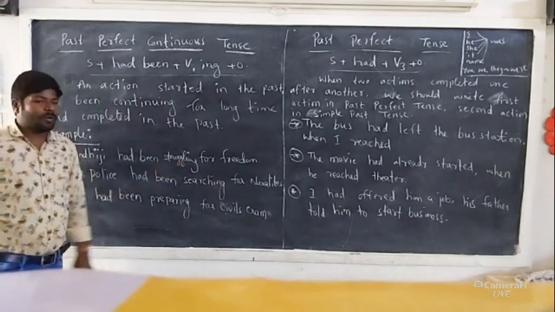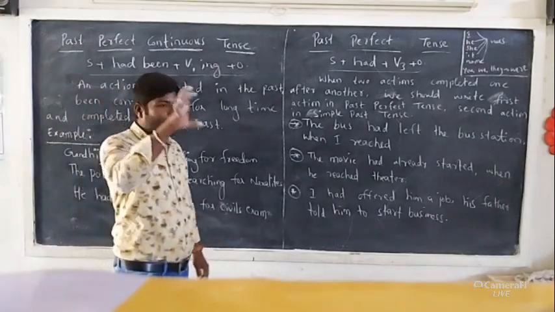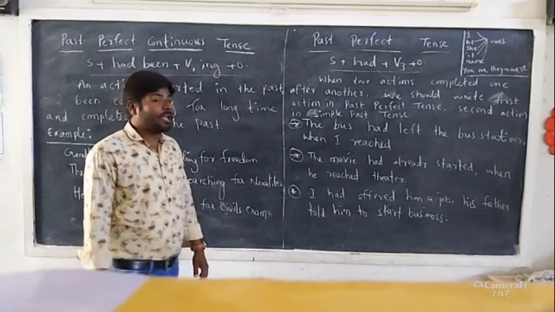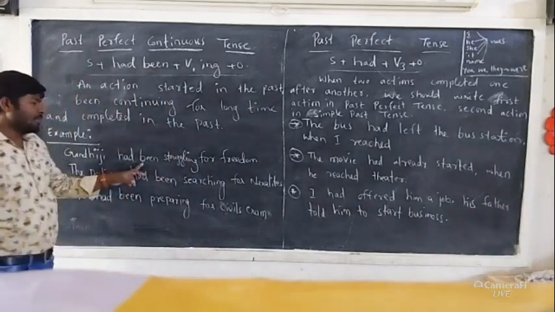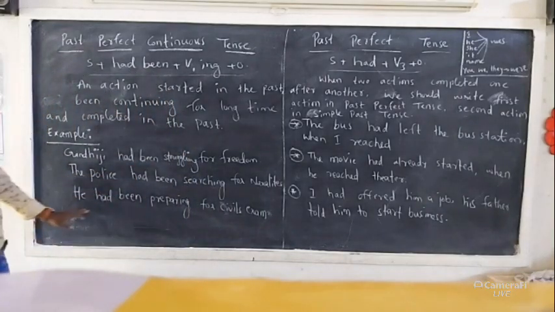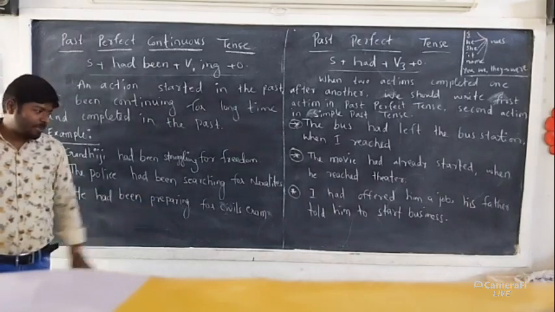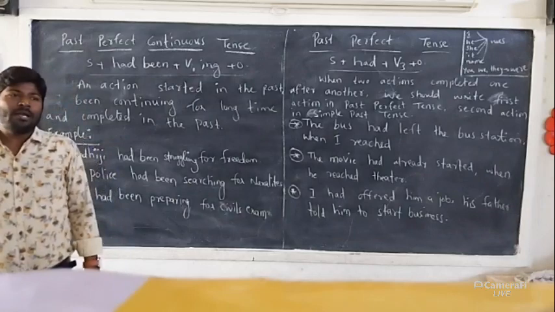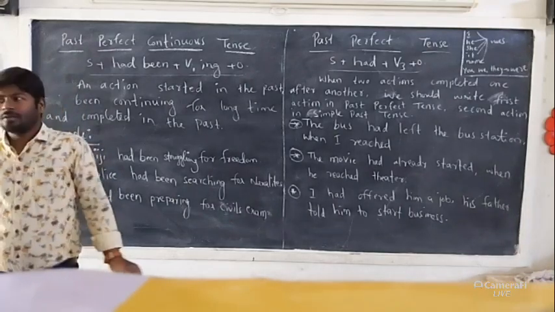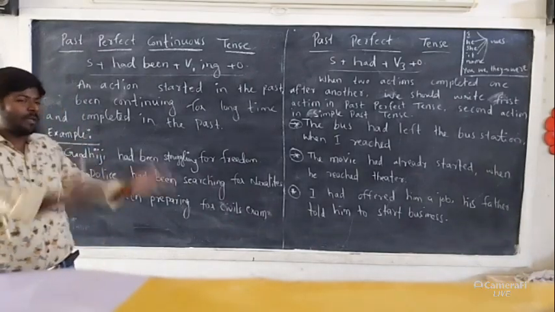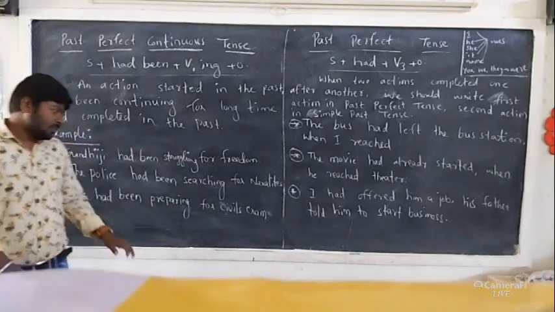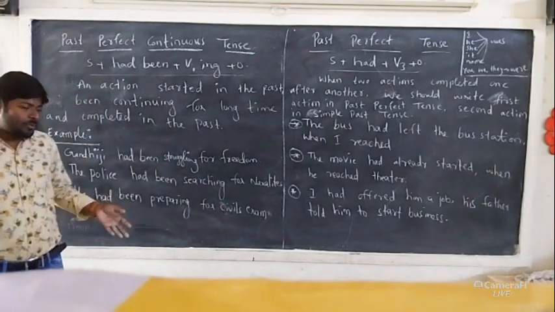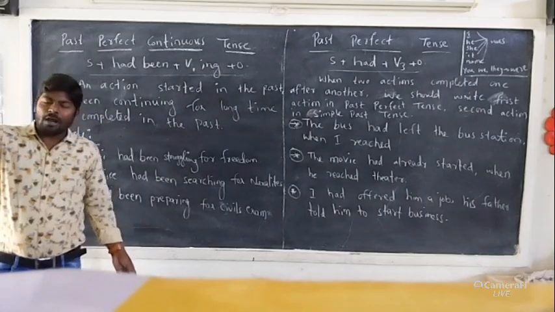Gandhiji had been struggling for freedom, and based on the example you can easily understand. Gandhiji struggled for 40 years. Suppose he had been preparing for civil exams. Some people want to become government officers, so they prepare and work very hard.